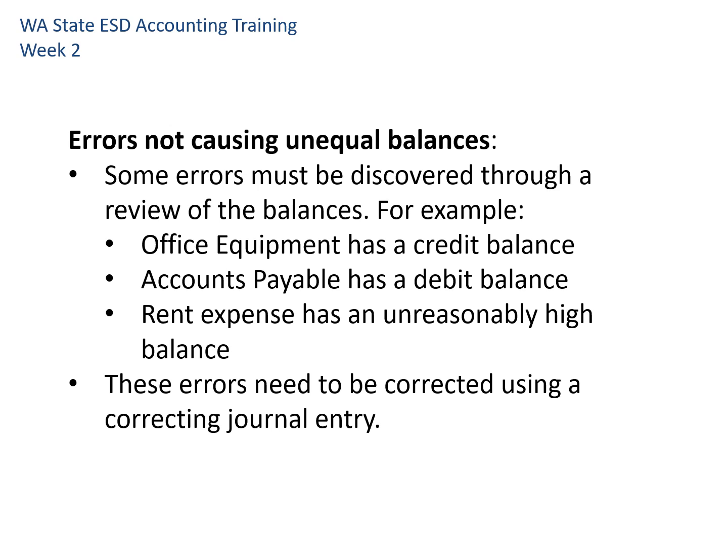We can't have negative office equipment. So we would want to dig into that, find out what went wrong, and then correct it with a correcting journal entry, post that to the general ledger, prepare a new trial balance, make sure that error is not present any longer. I might have a liability with a debit balance. That may be also something that shouldn't smell right. It should say something is wrong here.